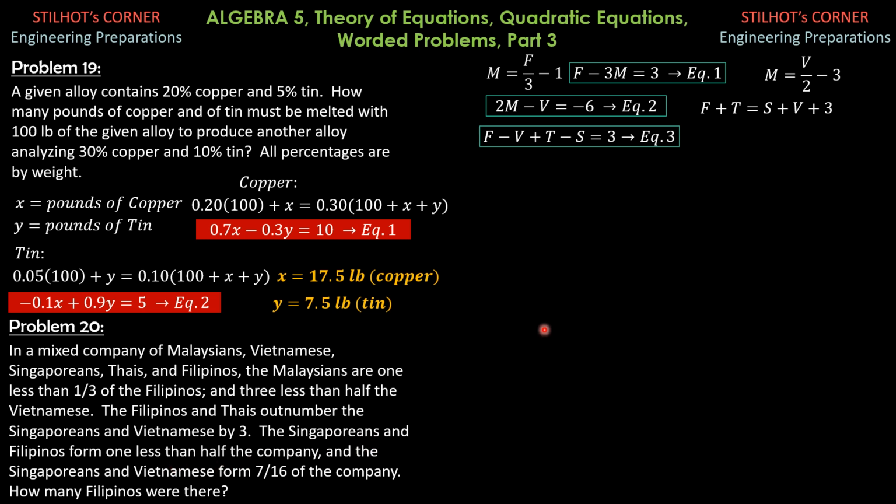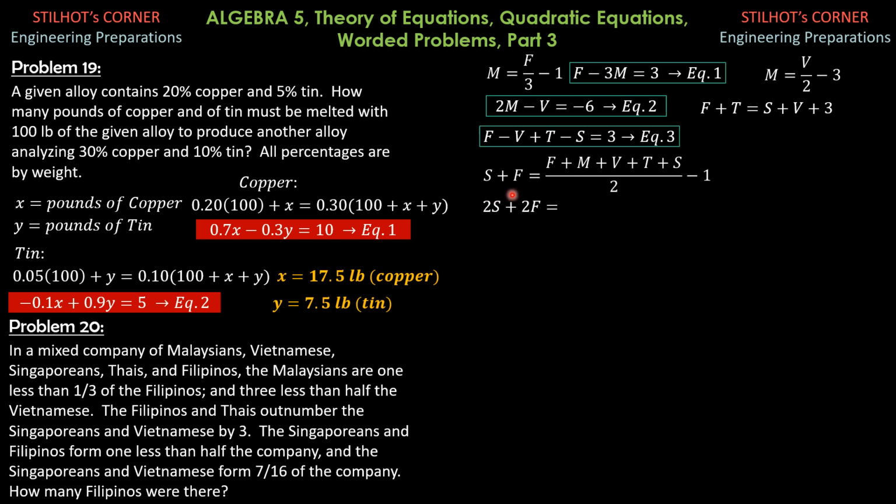So that is Singaporeans plus Filipinos equals 1/2 of F, M, V, T, S, then minus 1. That's the translation of this statement. Let's simplify this first by multiplying everything by 2.